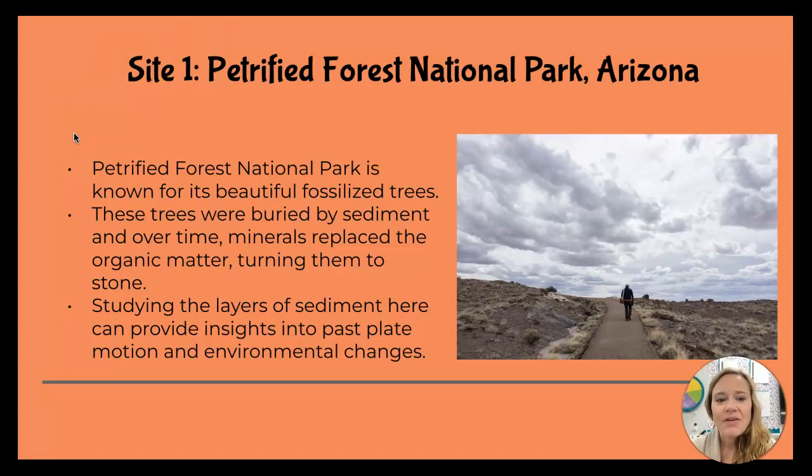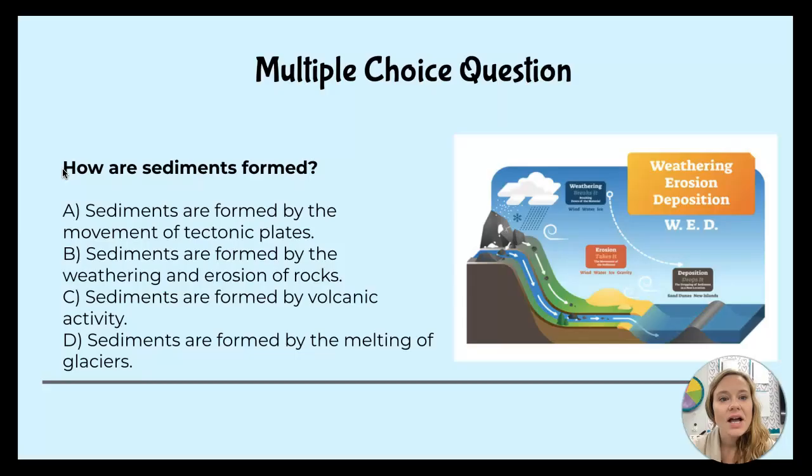Some information about it, a little overview: Petrified Forest is known for its beautiful fossilized trees. The trees were buried by sediment over time, and minerals replaced the matter and turned them into stone. So studying these layers of sediment can give us insights into the past plate motion and environmental changes that have happened here in the Petrified Forest National Park.